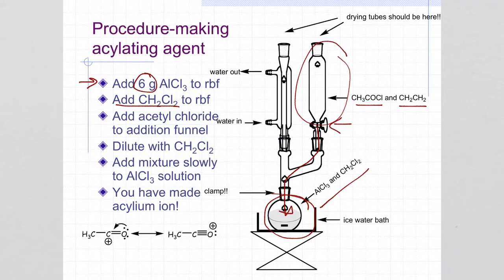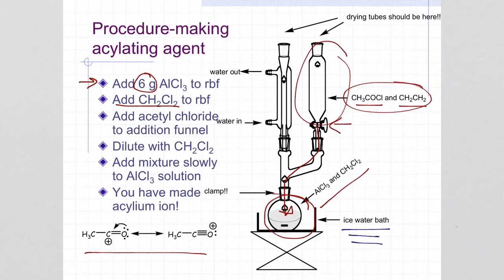As you add that, it's going to react, and you're going to see some color changes and things like that, which are really awesome to write in your notebook. But once you've added all of the acetyl chloride solution to the round bottom flask, you should have made your acylium ion.